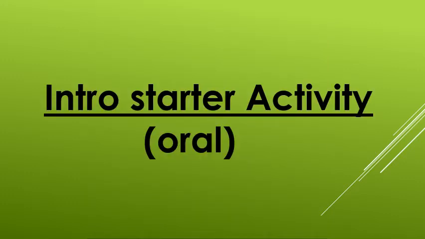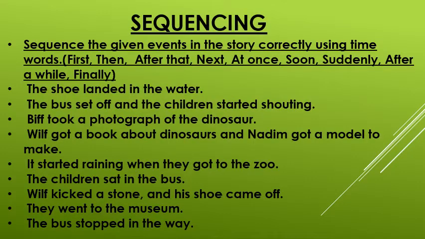Now it's time for an intro starter activity, which is oral. Intro starter activity is about sequencing. Remember, we have done sequencing in the class so many times. Let's start. Sequence the given events in the story correctly using time words.